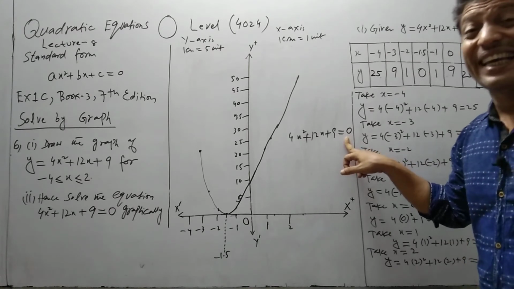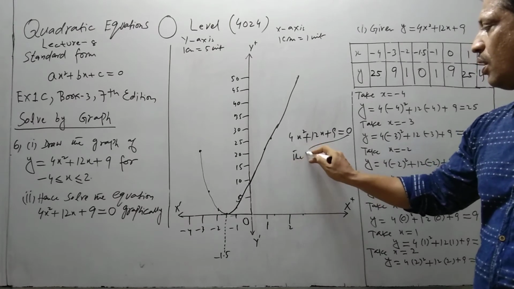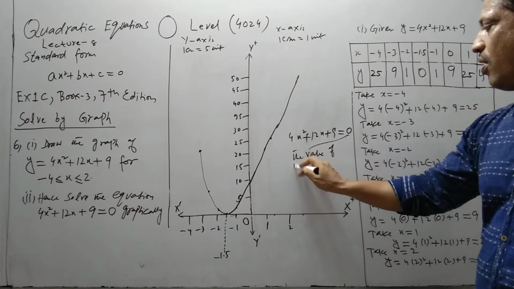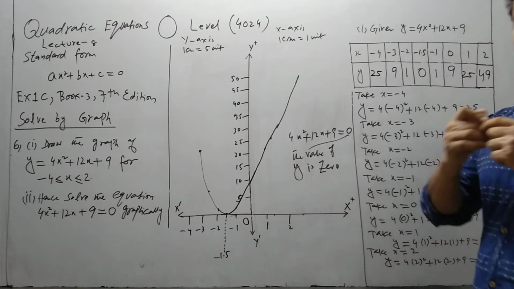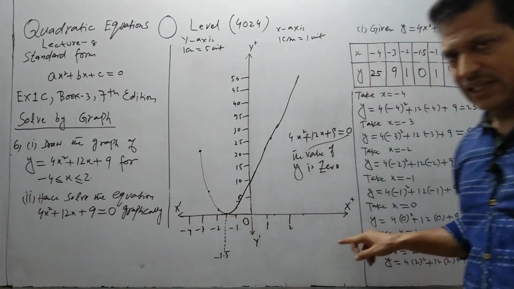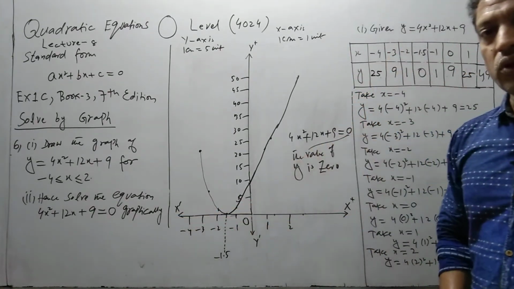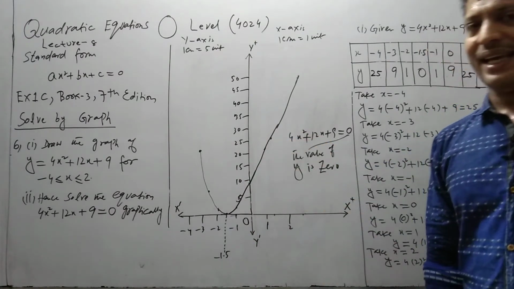We have to see the graph where the value of y is 0. And where is the value of y 0? Obviously at the x-axis. So find those points of the curve which are crossing the x-axis.